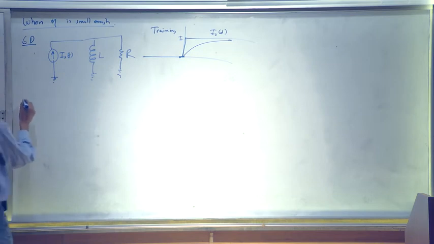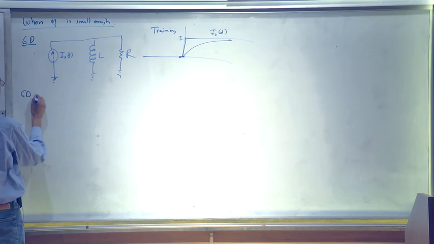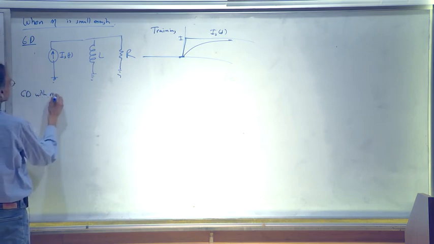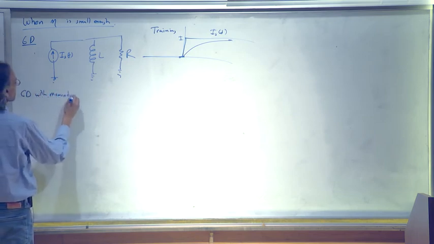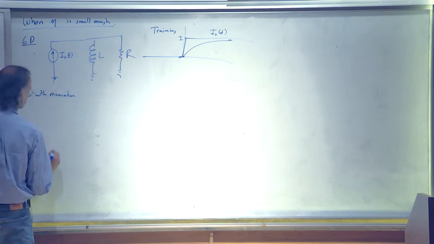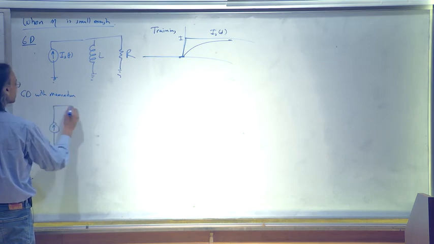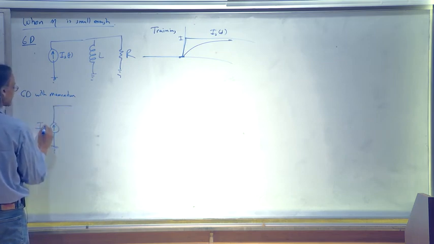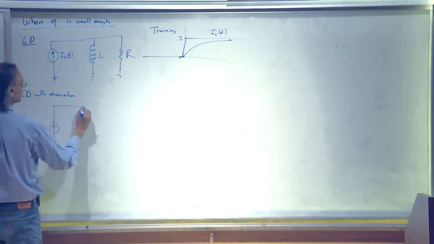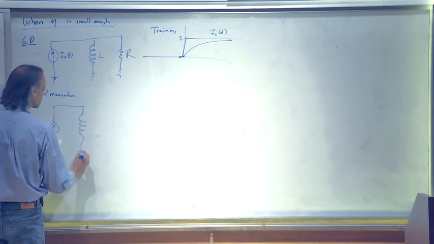So what's gradient descent with momentum? It's the same picture, because you still have the excitation that's coming from the training data. You still have the parameters that you need to learn.